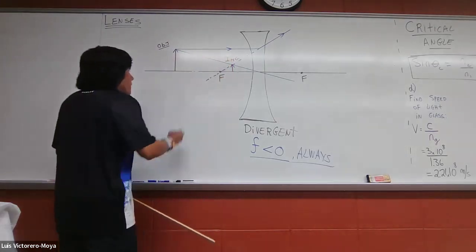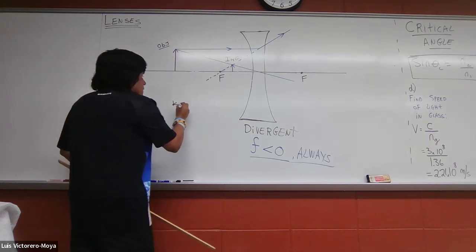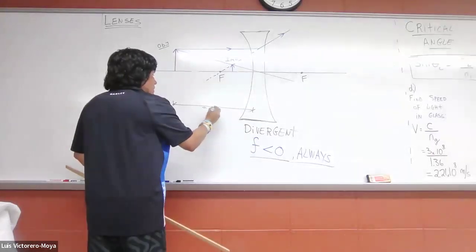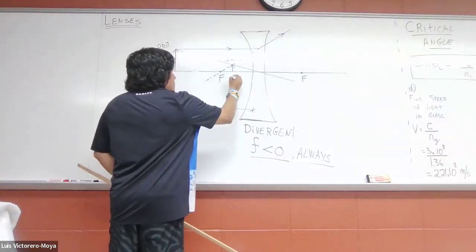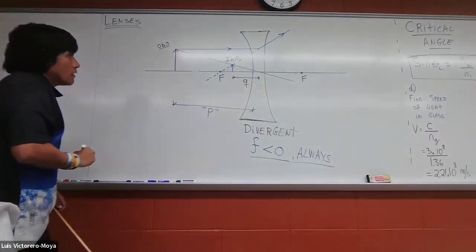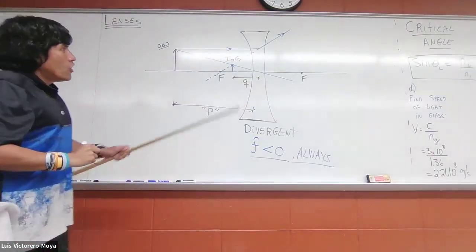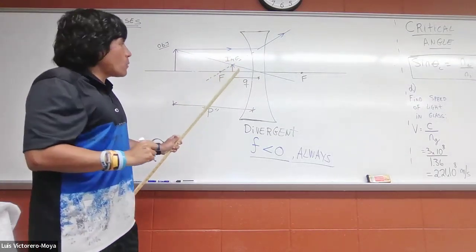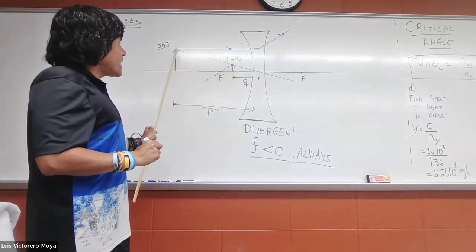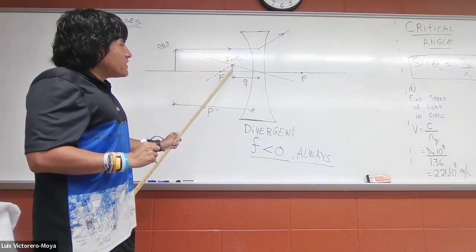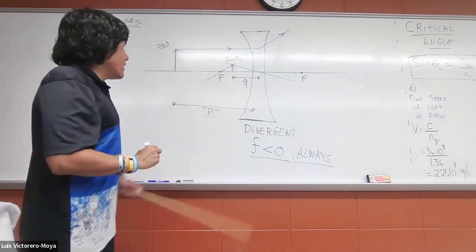The object distance P, the image distance Q. So now the image has formed on the same side as the object. That makes this image virtual.